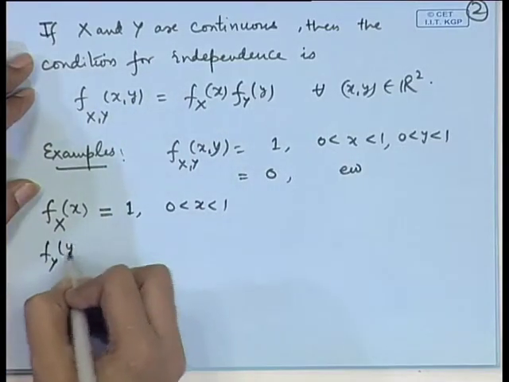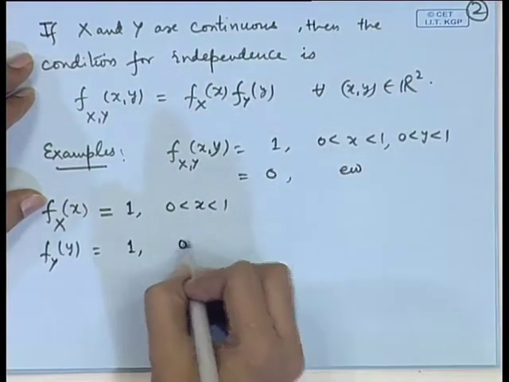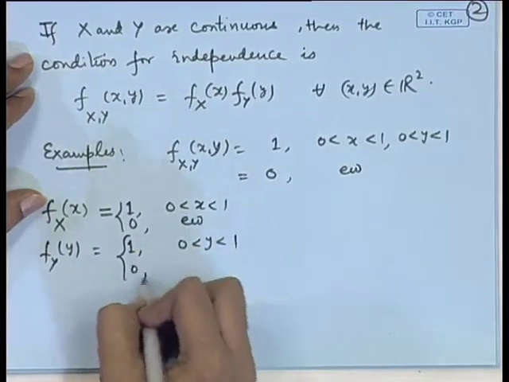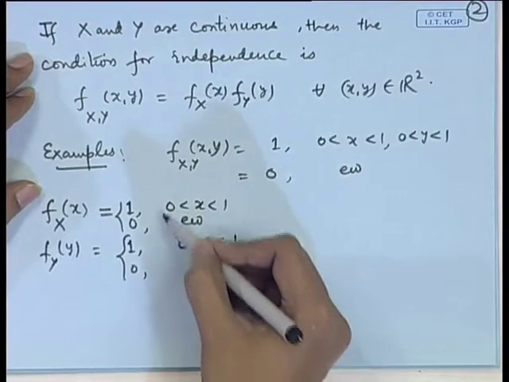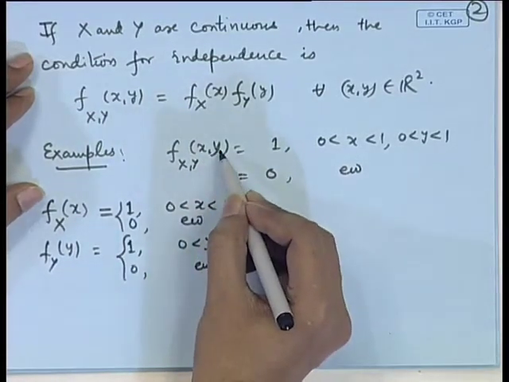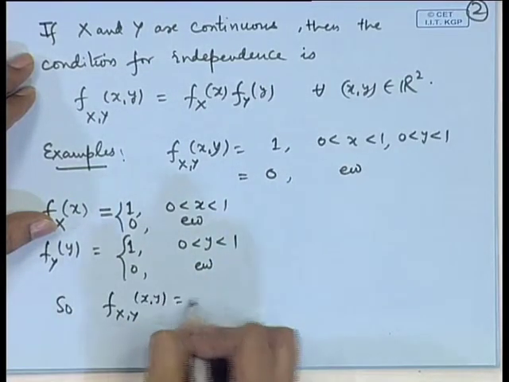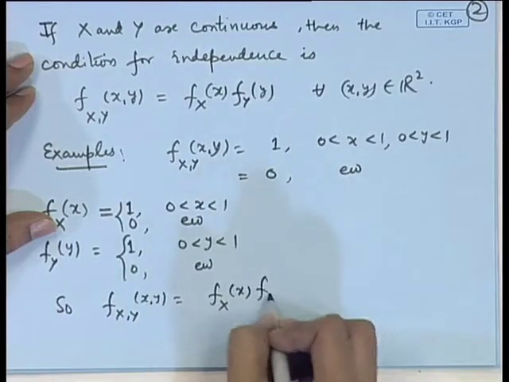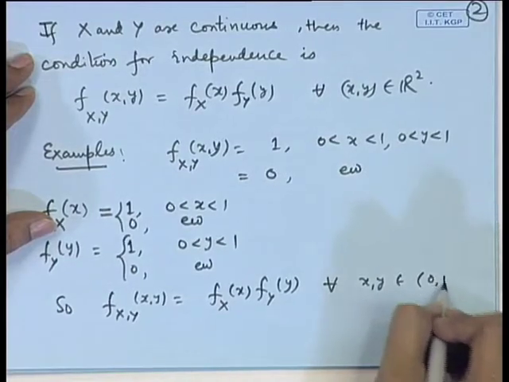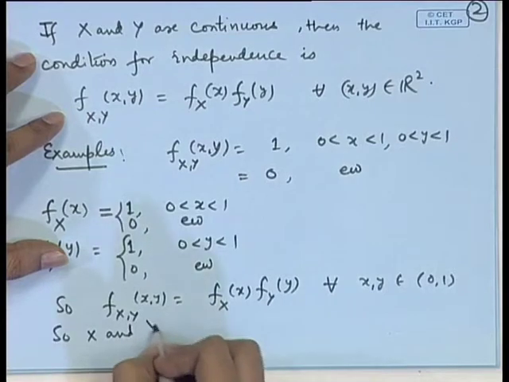Similarly, if we integrate with respect to x from 0 to 1, we will get 1, and of course 0 elsewhere. So, you can easily see that the product of f_X(x) and f_Y(y) is equal to f(x, y). This condition is satisfied for all x and y, so X and Y are independent.